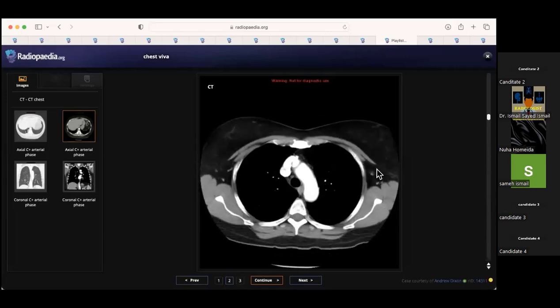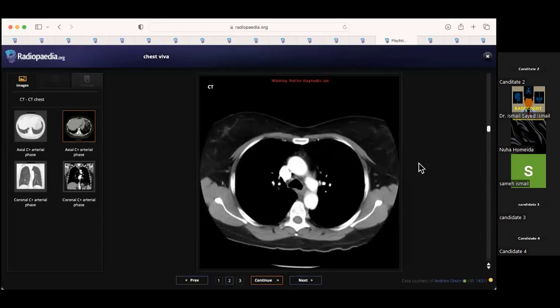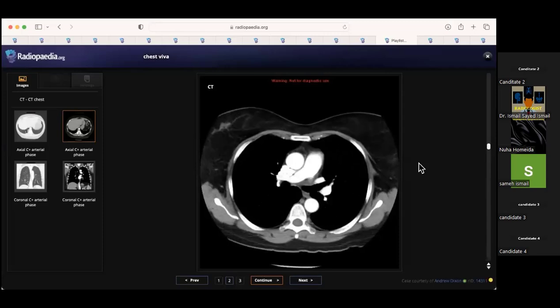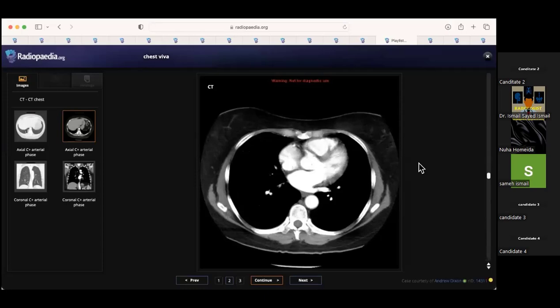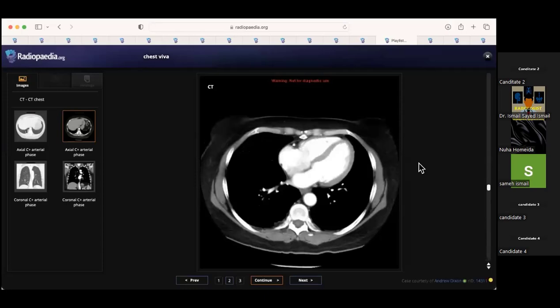The thoracic aorta appears within normal diameter and shows no aneurysmal dilatation or dissection. In my routine practice, I will change the window to the lung window to see if there are any changes after the abscess episode.